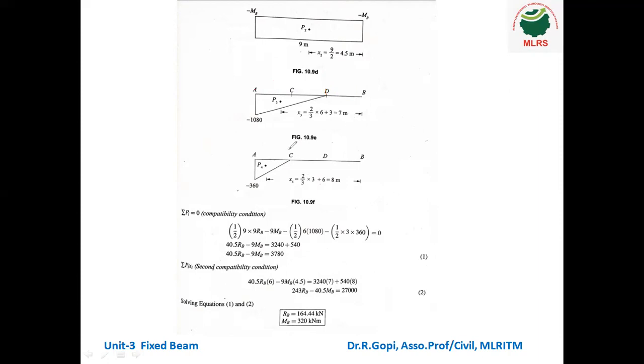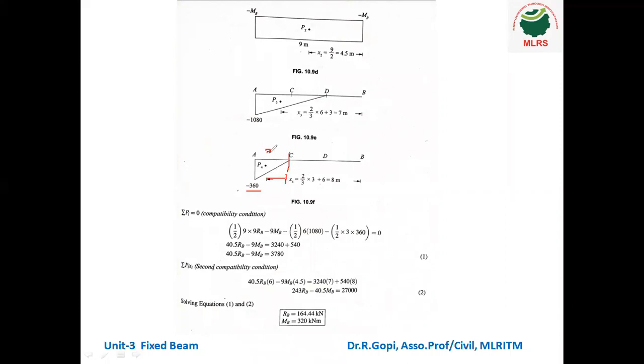Okay. So next we have to apply 120 kilonewton and find out the bending moment diagram. Okay. So 120 into 3, we got 360. So again, we have to calculate the centroid distance from B. So x4 is equal to, first we have to calculate up to this point. From here to here, it is 2/3 of 3.